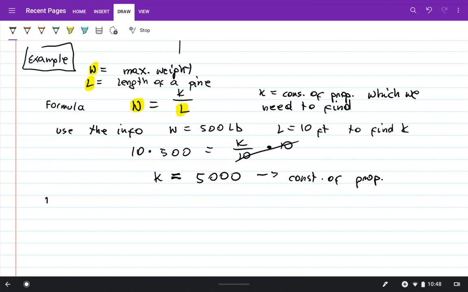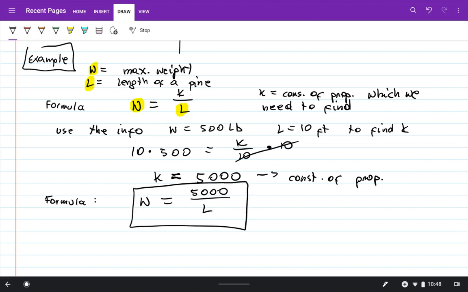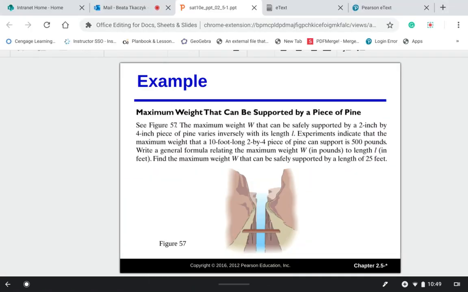So now the formula we need to solve this problem is weight equals 5,000 divided by L. Weight varies inversely with the length of pine. Let's go back to the problem and see what we need to find: the maximum weight W which can be supported by the pine which is 25 feet long.